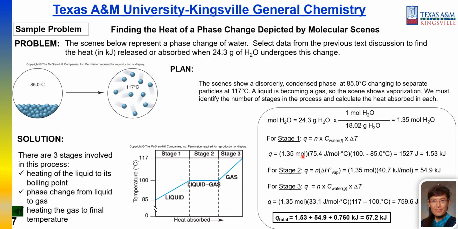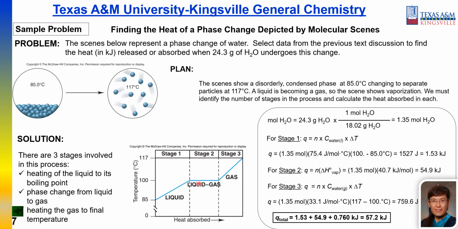The moles is 1.35, the liquid water has a heat capacity of 75.4 joules per mole per Celsius. Your temperature change from 85 to 100, the difference is 15, 100 minus 85. So you can calculate the heat required to increase the temperature from 85 to 100 Celsius. My calculation is 1527 joules, approximately 1.53 kilojoules.